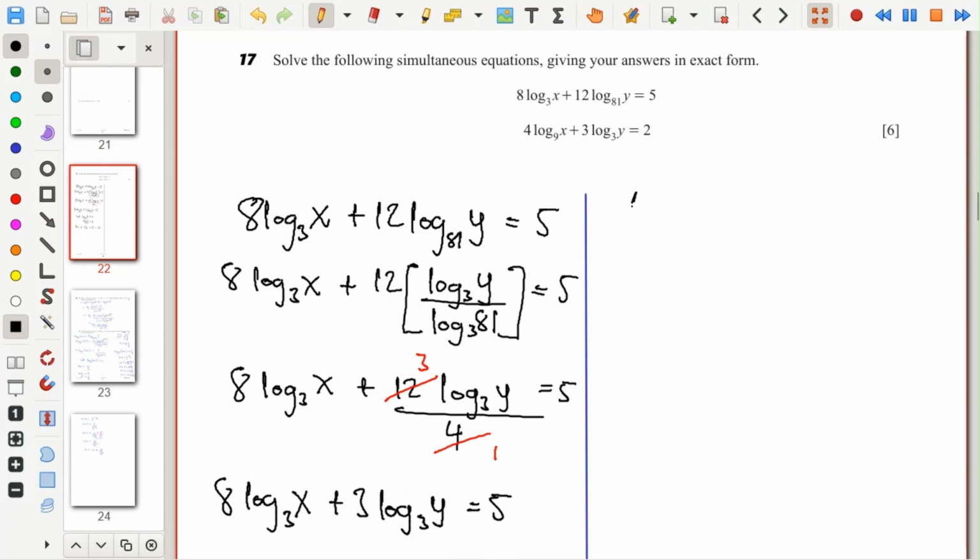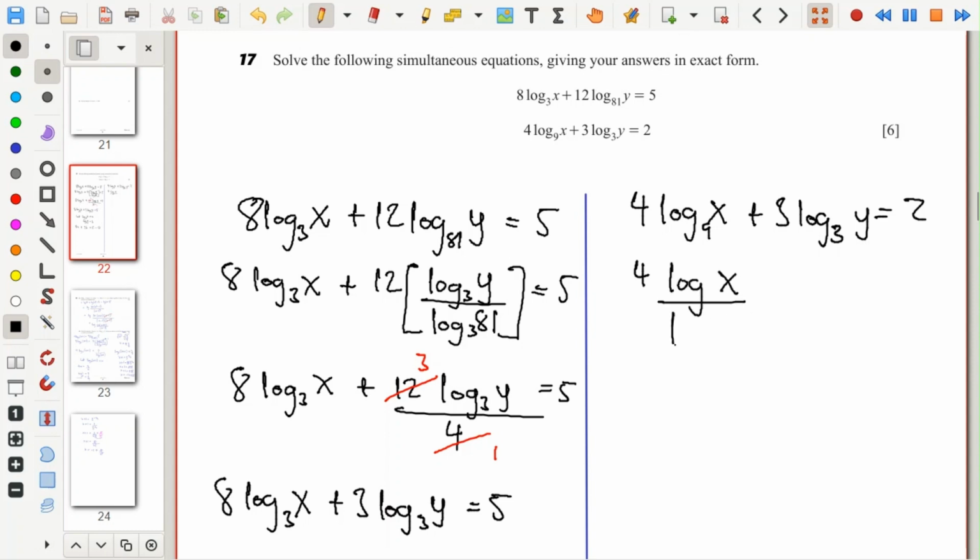So let me take up this one to see. So this is the same as log x over log 9. I'm converting to base 3, so let me write 3 here.